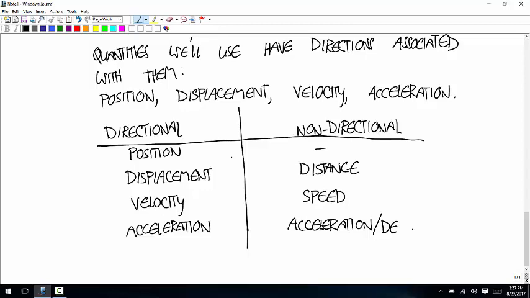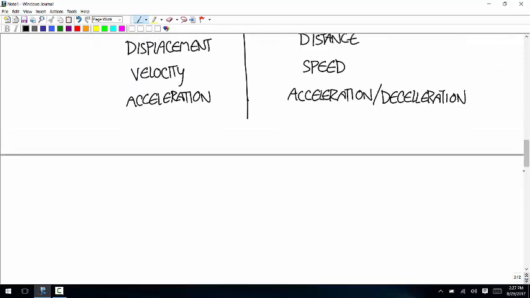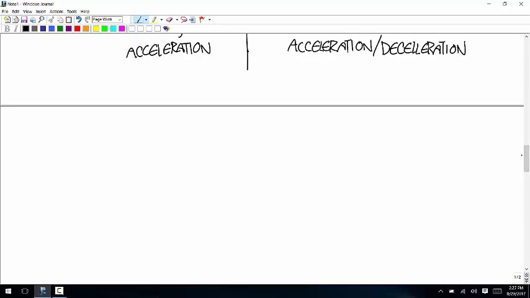Acceleration to us is going to have a different, related but different meaning. Okay, so I'm going to start by defining position.